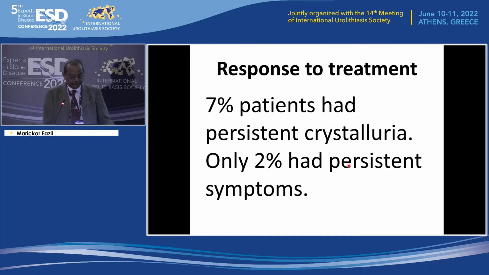It's most important. In spite of treatment, 7% of the patients had persistent crystalluria, and we don't go beyond a certain level of the dose. I don't have the courage to increase the dose beyond 240 milligrams of pyridoxine and 300 milligrams of allopurinol.